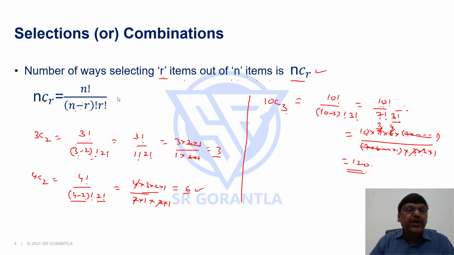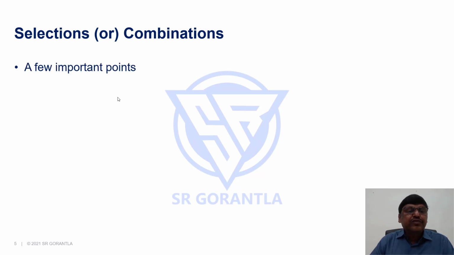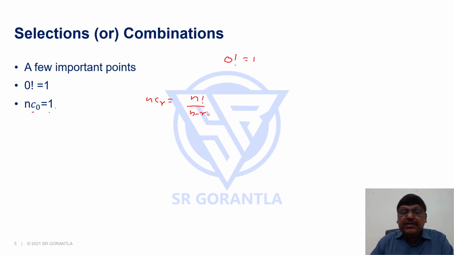A few important points on these selections. First one, factorial 0 is 1. So the factorial 0 value is 1, it's not 0. Second one is NC0 equals 1. We said NCR equals N factorial by (N minus R) factorial into R factorial. What happens here? R is 0, so N minus 0 will be N only.